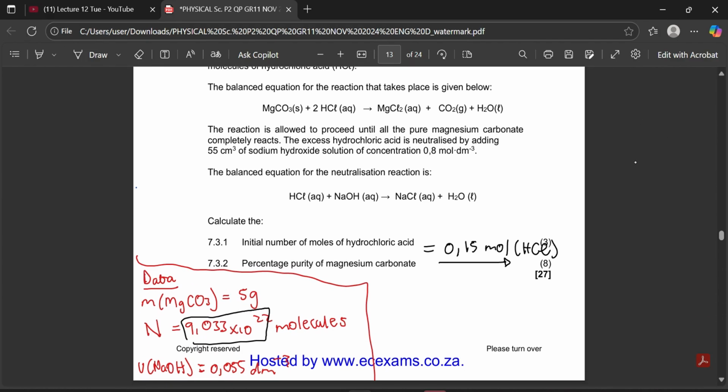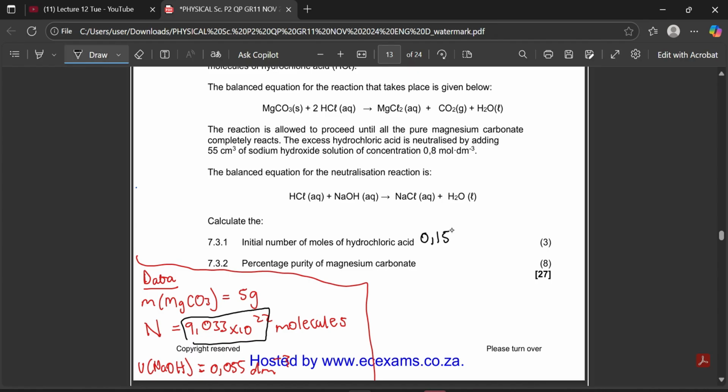Okay, so we need to determine the percentage purity. I'll start by using the 5 grams as my initial mass, and that's just the impure mass. So I would have my 0.15 moles of HCl.